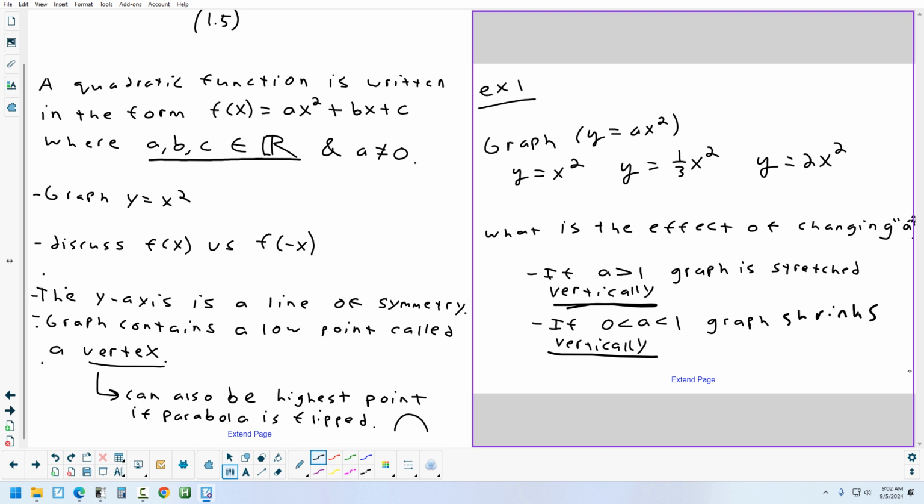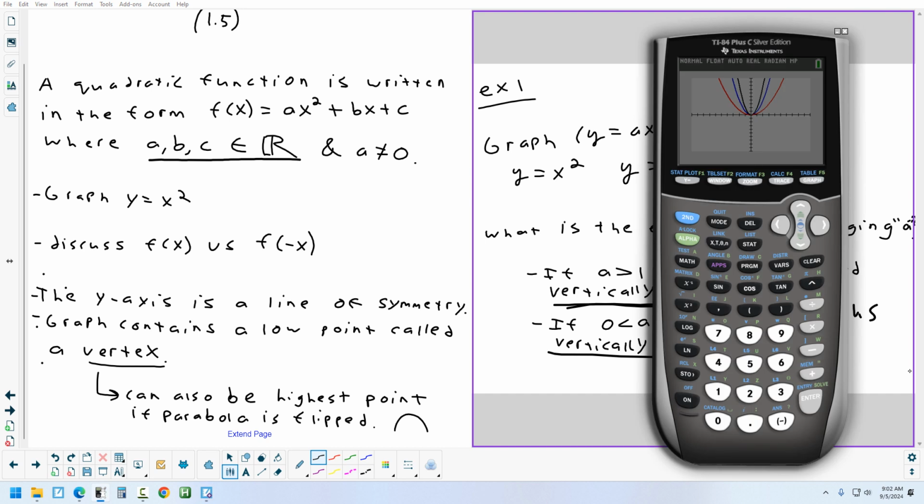Yeah? I just had a question about my calculator. For some reason, it's got all these blue shades. So that's because somebody turned on the shading. If you go to your y equals and press the left arrow and highlight the color shading that you see, and then hit enter, instead of having it on a line that looks like this, they probably have it on a little triangle that looks something like that.